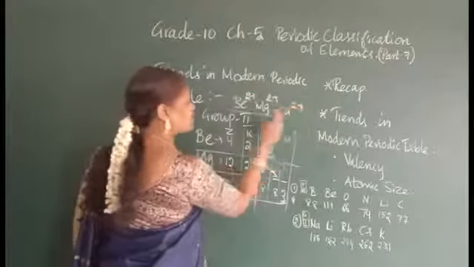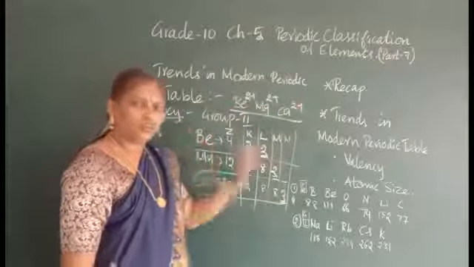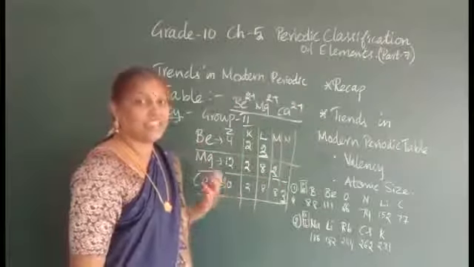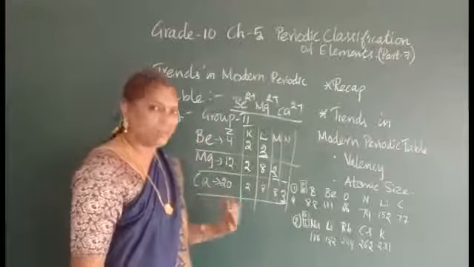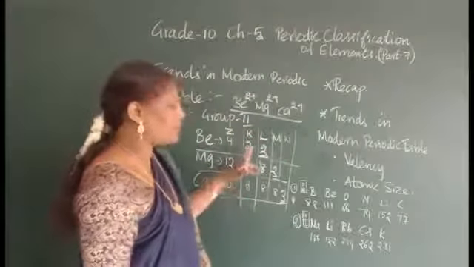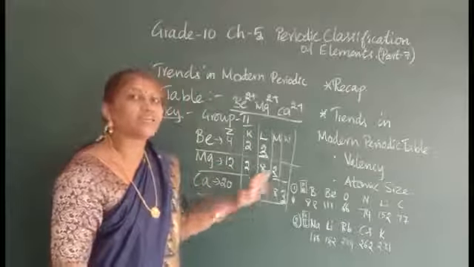So all the valencies are the same. What is valency? The losing, gaining or sharing of electrons is called the combining capacity of an element. That is the valency. So when you see the group, the valency will be the same.